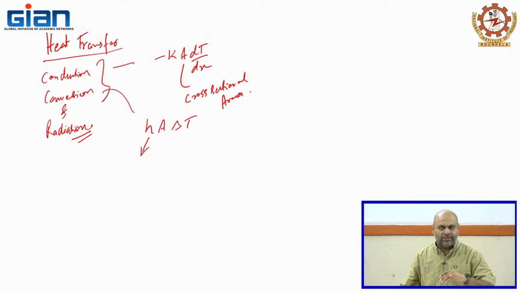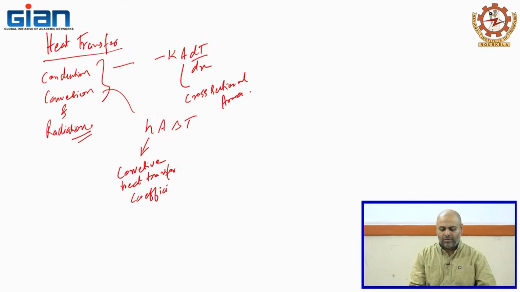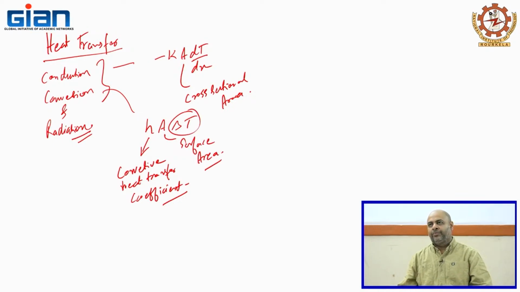The notation might change from textbook to textbook, but h is the most common notation that I have always seen. The area in case of convection is the surface area. And again, the temperature will be the temperature difference.